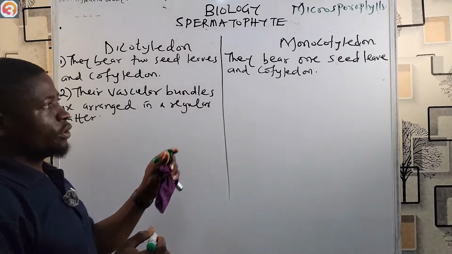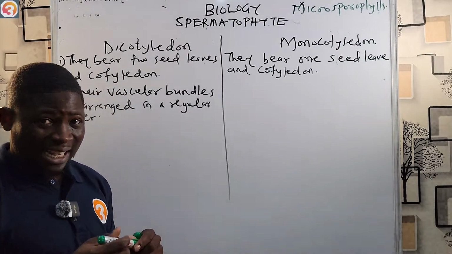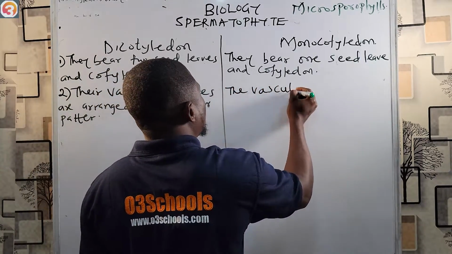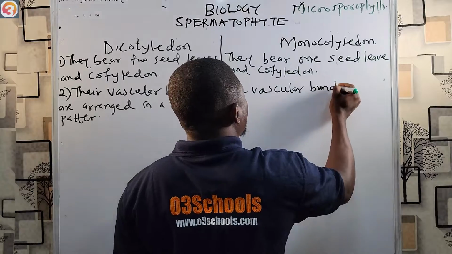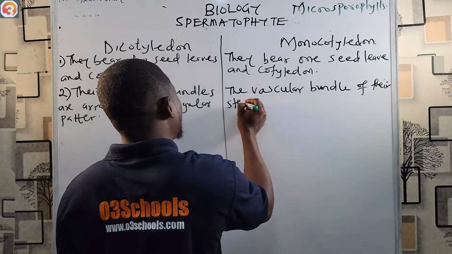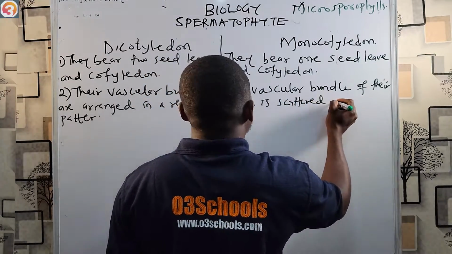Why, for the what? For the monocotyledon, the vascular bundles of their stem are what? Are scattered. Okay, the vascular bundle of their stem is scattered.